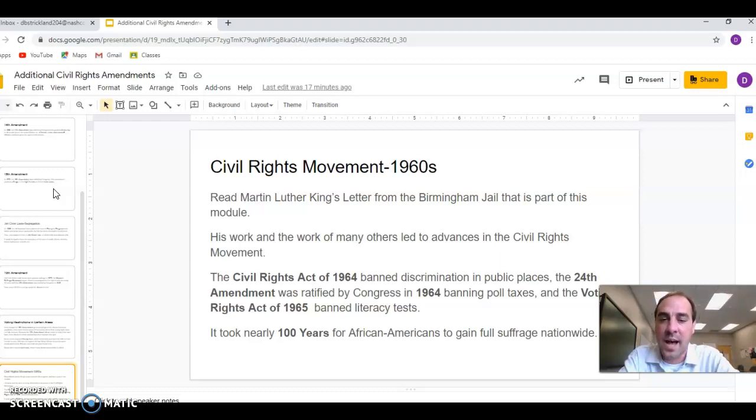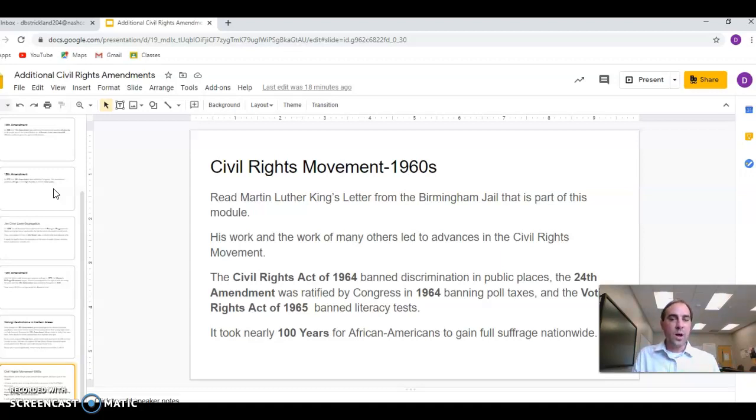The Civil Rights Act made discrimination illegal. That same year, we had the 24th Amendment passed, and that banned poll taxes. So you can no longer charge somebody to vote. The next year, in 1965, literacy tests were banned by the Voting Rights Act.